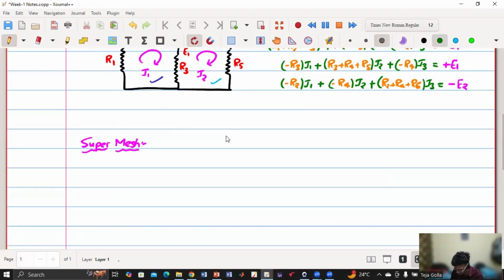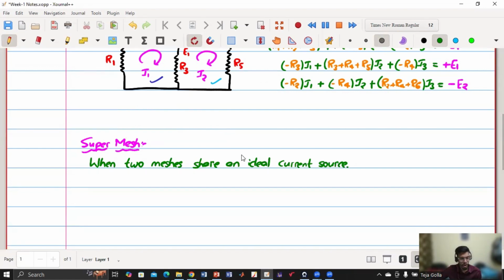This is a condition in a circuit when two meshes share an ideal current source.